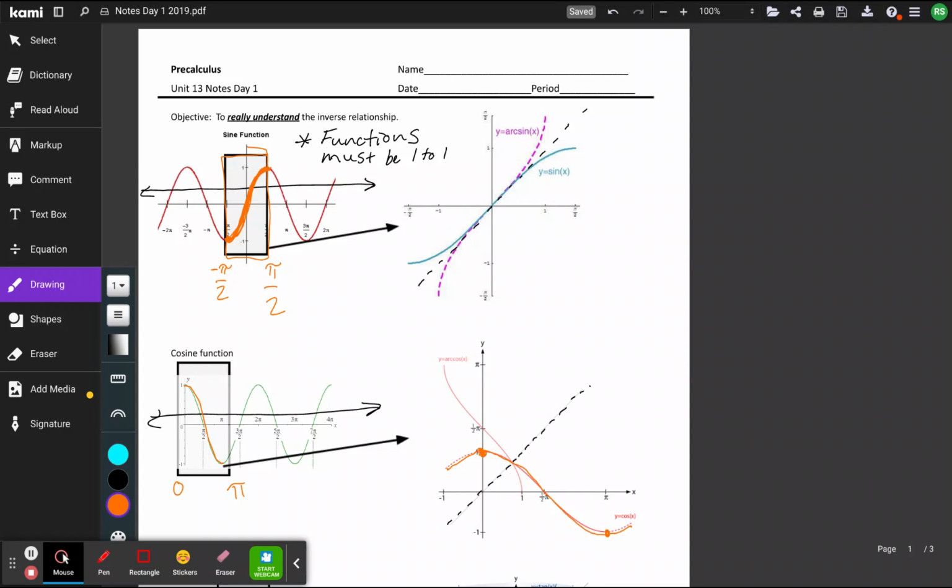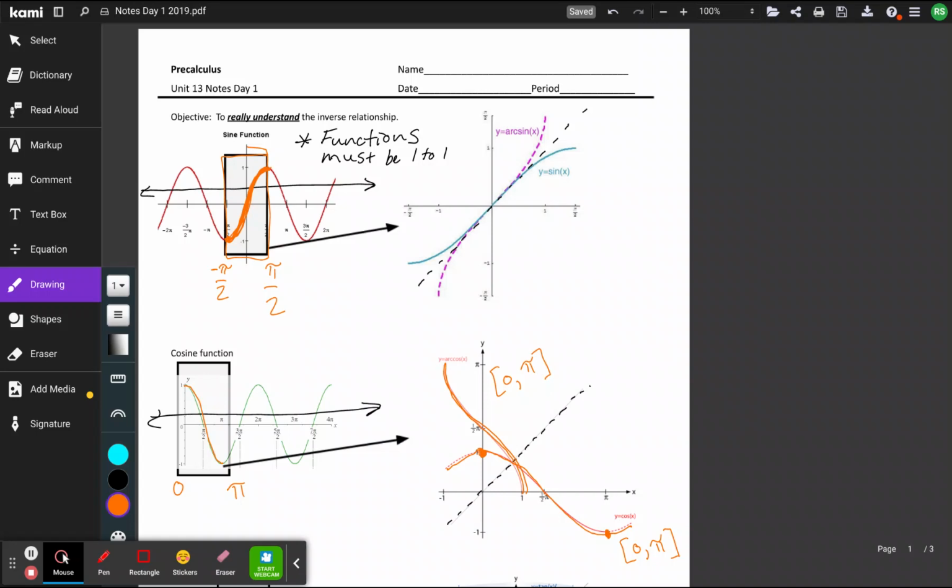You'll notice that when we take a look at the inverse for cosine, the domain before was 0 to pi for cosine, if we're just looking on that interval. You'll notice that the range for our cosine inverse is now 0 to pi, because remember, our domain and range flip when we create that inverse function.